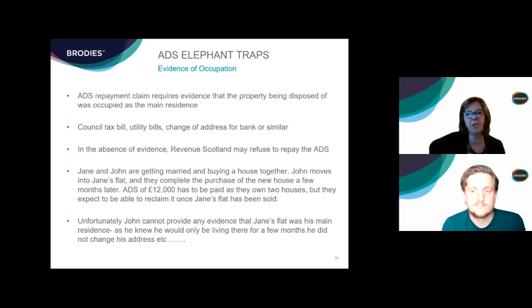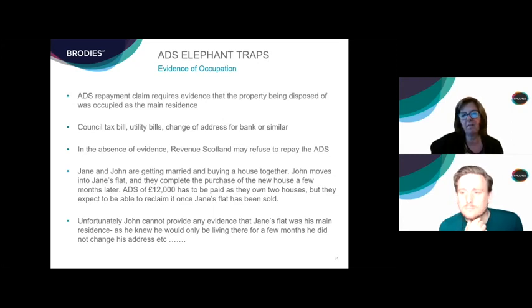So in a situation where people are buying a house together, and one moves in beforehand for a few months, the person that's moved in for a few months hasn't got evidence of having lived in the house together with the partner, because they were only going to live there for a short time. So I think the moral of that one is to make sure that you do have the evidence.